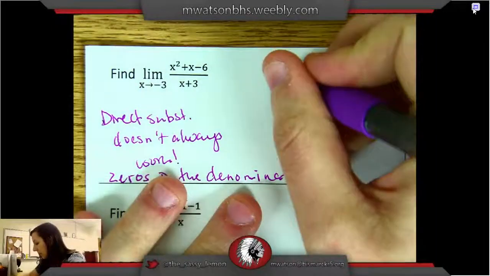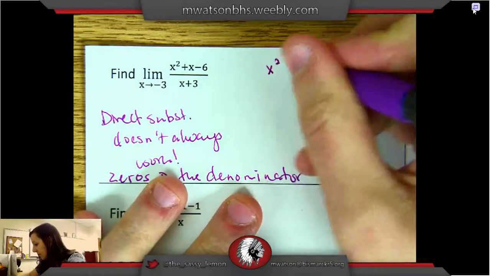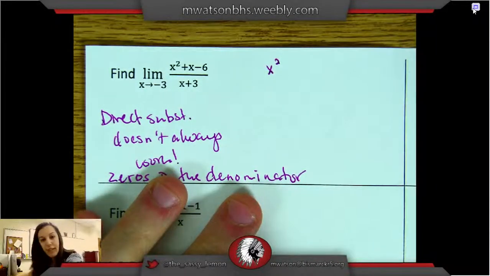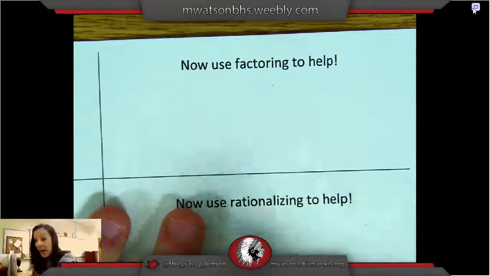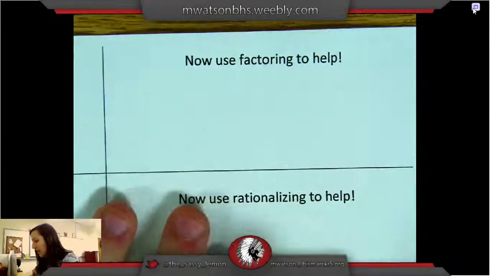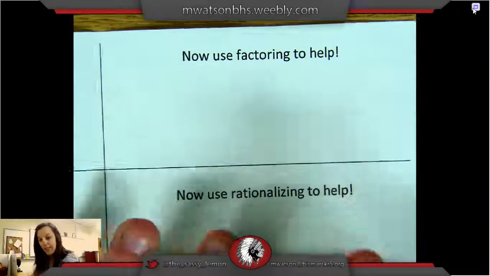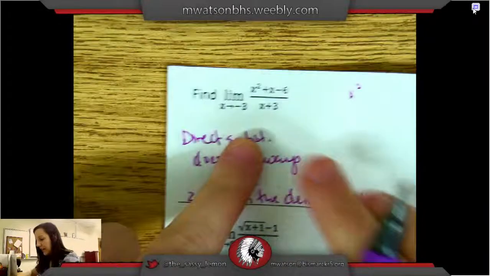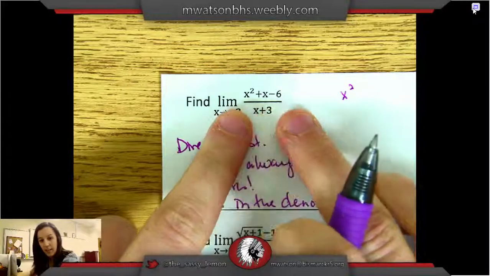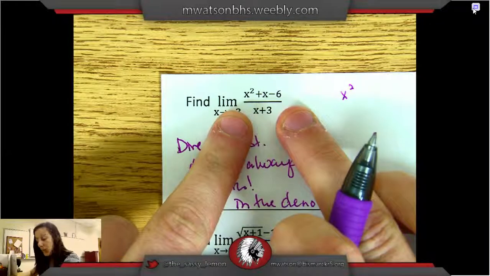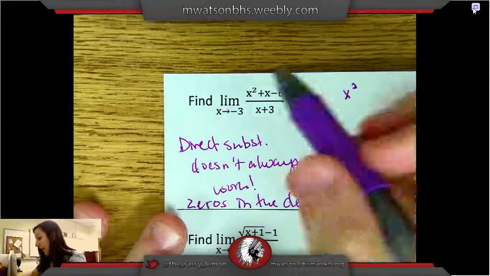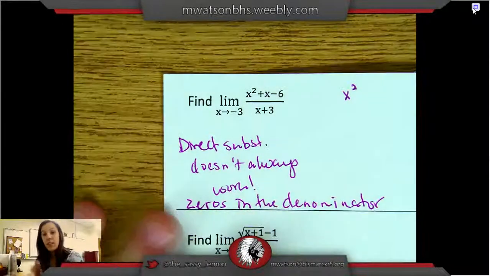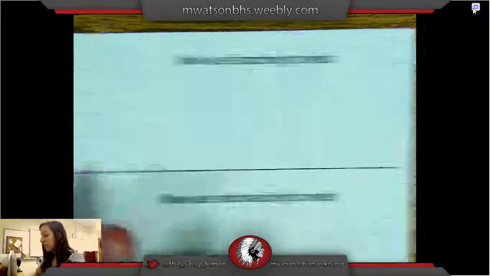Over here, I'm supposed to talk about factoring a little bit. So blast from the past, let's try to remember, how do we factor something that looks like this, the numerator? Well, it's a trinomial, and the a equals 1, so this is the easy method of factoring.